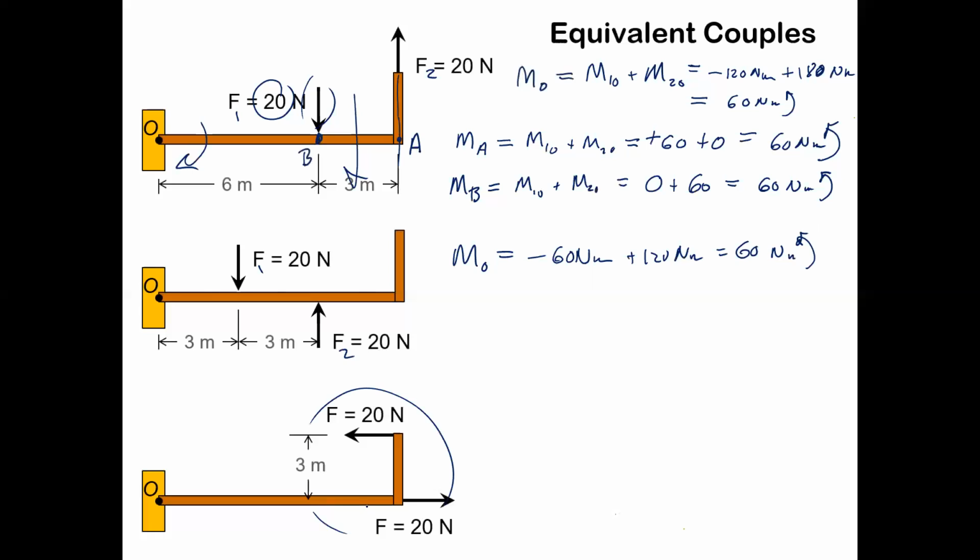Or if they're oriented horizontally, again, you're going to have a 0 because F2 is coming right out of it, plus 60. So that's a weird thing about couples.